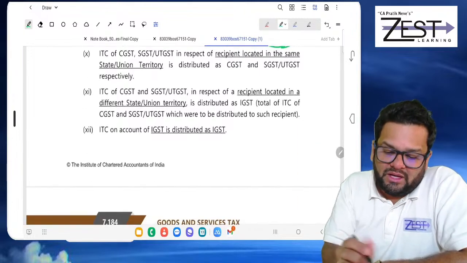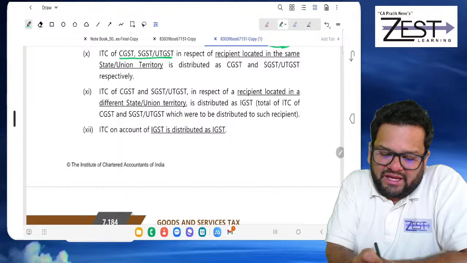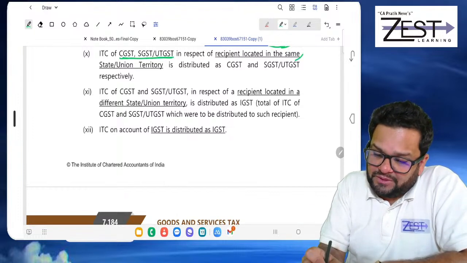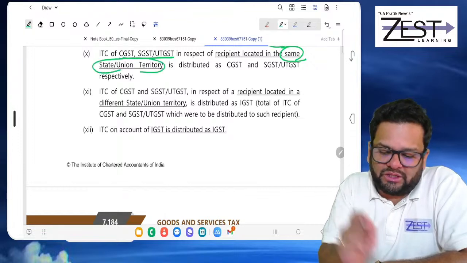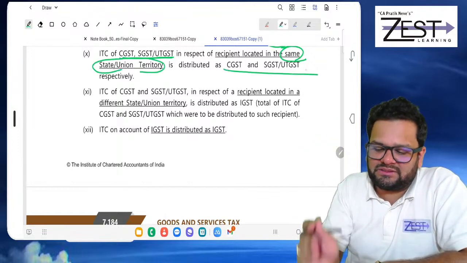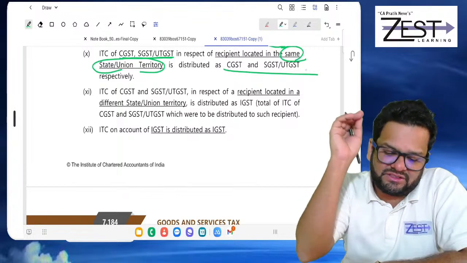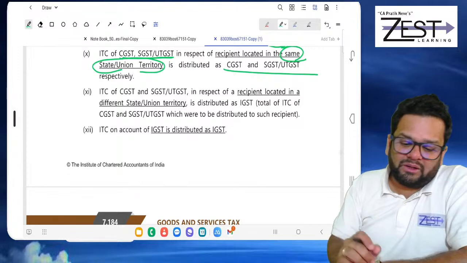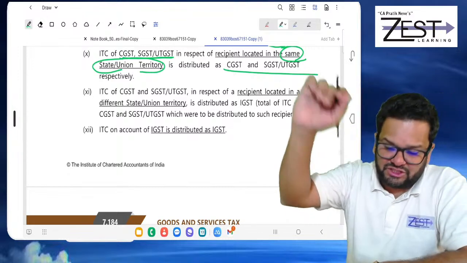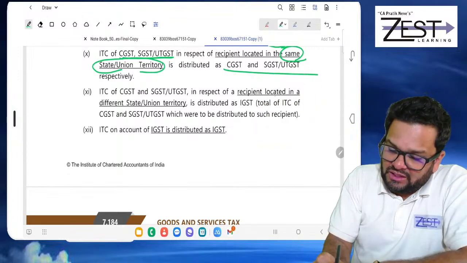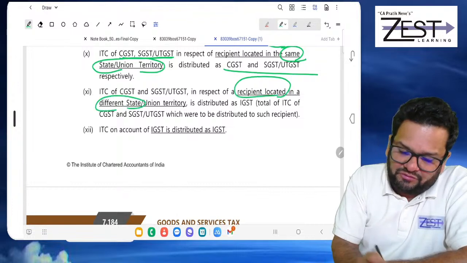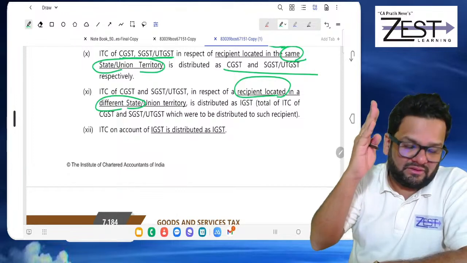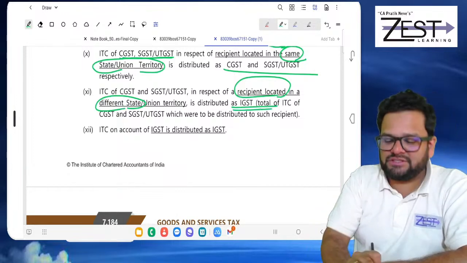But you know, ITC of CGST and UTGST in respect of a recipient located in the same state or UT will be distributed as CGST, SGST, UTGST respectively. But what about ITC of CGST, SGST, IGST in respect of a recipient located in a different state? Then that will go as ITC of IGST.